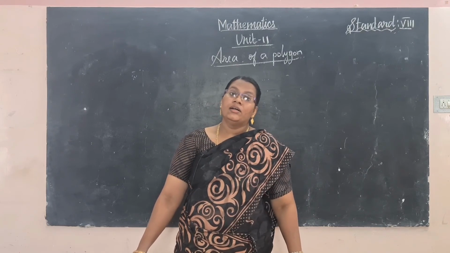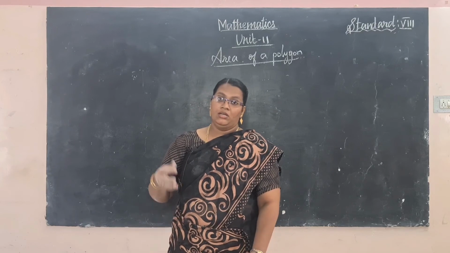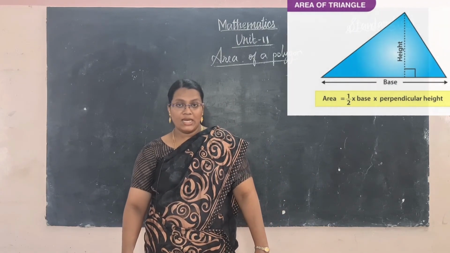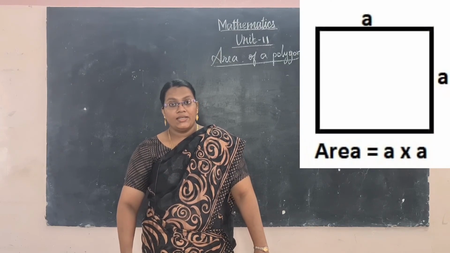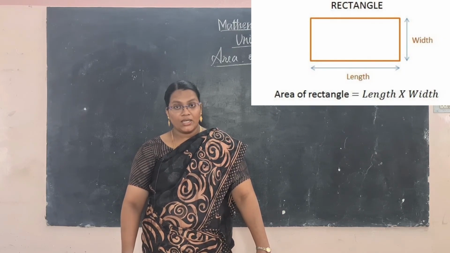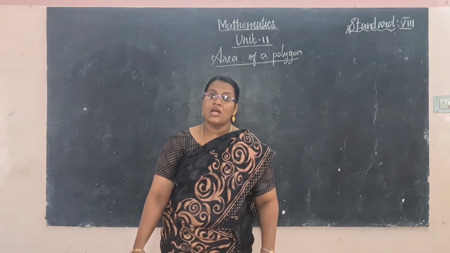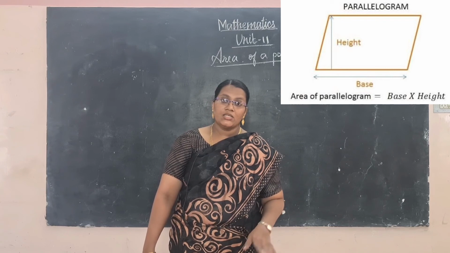Then we learned the area of the triangle: half into base into height, square unit. Area of the square: side into side, a square unit. Area of the rectangle is L into B square unit, and area of the parallelogram is base into height square unit.